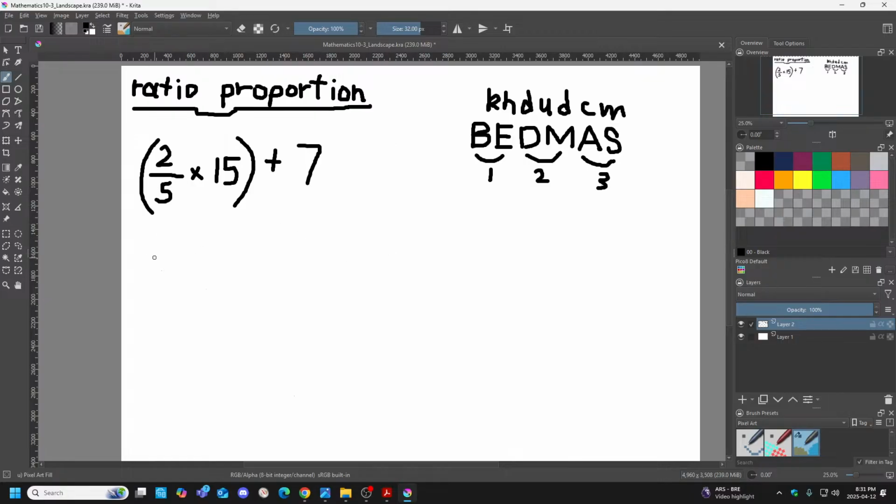Okay, so we could actually write it all into one big fraction. 2 times 15 is going to be all over 5. I know you're going to be safe doing this. We're not adding or subtracting here, guys, right? When you're adding and subtracting with fractions, you have to find a common denominator.